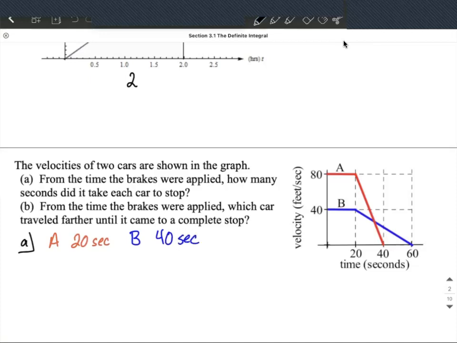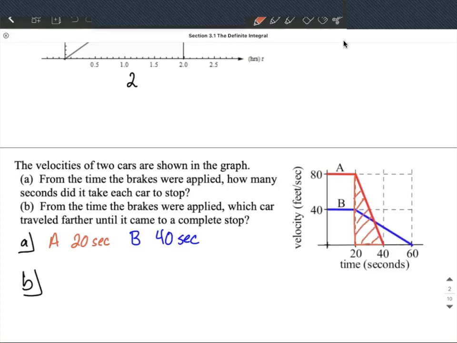On part B, we want to figure out who stopped first. From the time the brakes were applied, which car traveled further? So we want to calculate their distances for each one of these. On A, we can calculate that distance by figuring out the area of this triangle.